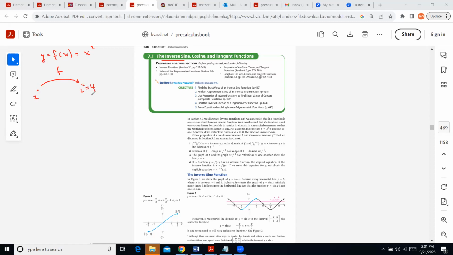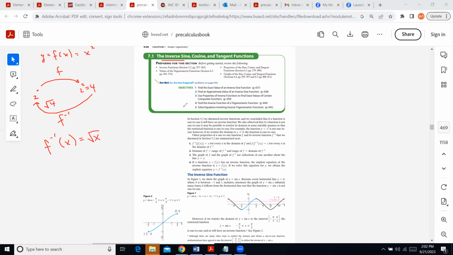The inverse function has to return you back, and to get back from 4 to 2, you need to extract the square root, right? So the inverse function that does the opposite of squaring will be extraction of a square root.